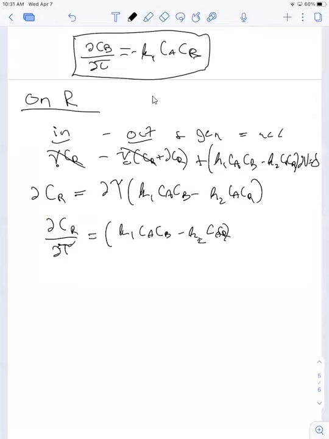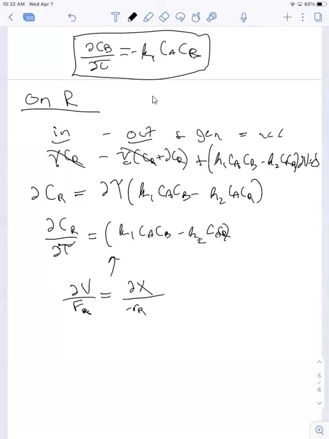We can compare. Our design equation for the PFR would be dx over negative r, and then dV. You could plug in the concentrations.